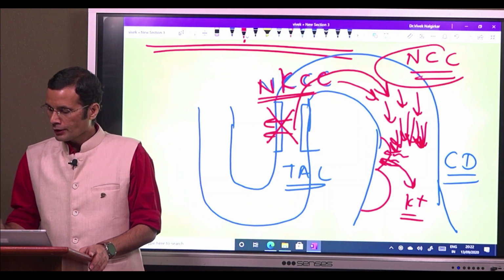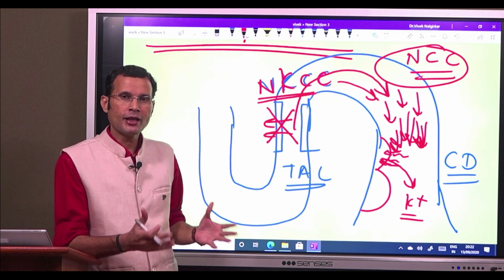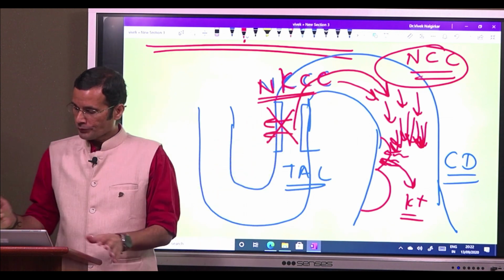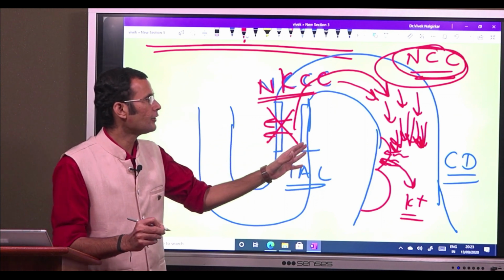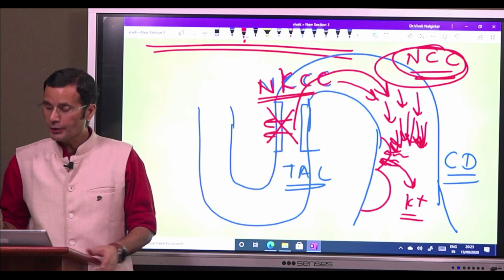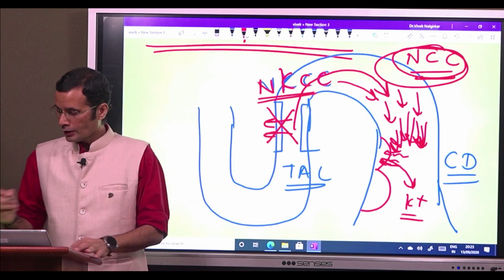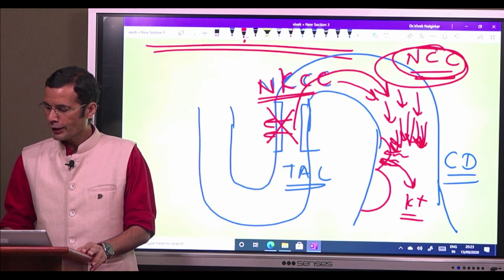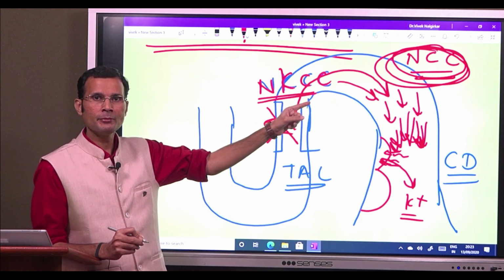This is acted upon by another category of diuretics called thiazide diuretics. So sodium and chloride reabsorption is prevented in the DCT by thiazide diuretics. What is the result? The result is the same as I mentioned. Sodium and chloride could not be reabsorbed because this transporter has been inhibited.